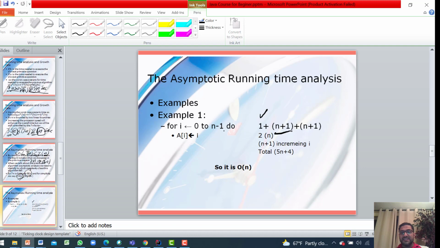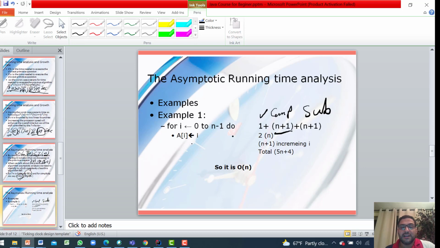So the comparison is happening n plus 1 times, because n comparisons plus the exit 1, and this subtraction also is happening n plus 1 times. So I have here, this is for the comparison, this is for the comparison, and this is for the subtraction. So I have 1 plus n plus 1 plus n plus 1.